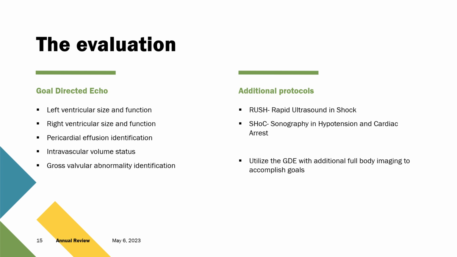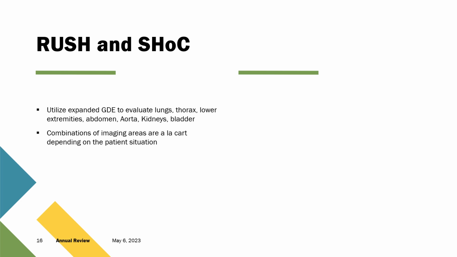Now, according to the goals or the concerns of the practitioner, these two additional protocols can be expanded as necessary. So RUSH and SHOC utilize the GDE, but they also can include evaluation of the lungs, looking for a pneumothorax, evaluation of the thorax, looking for maybe a hemothorax or pleural effusion or things like that.